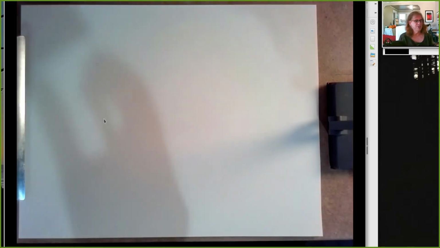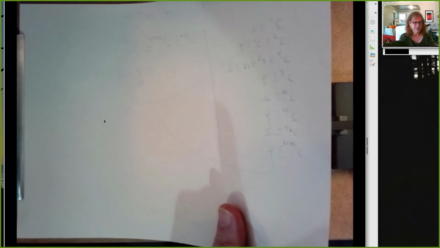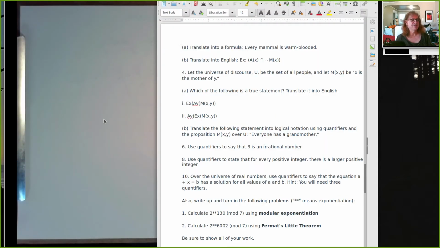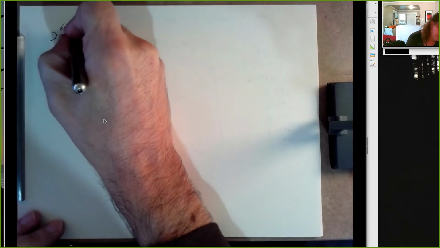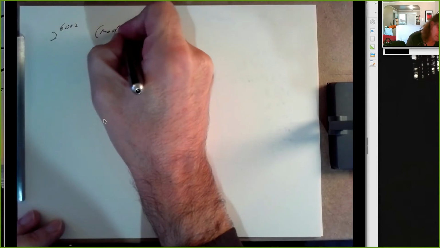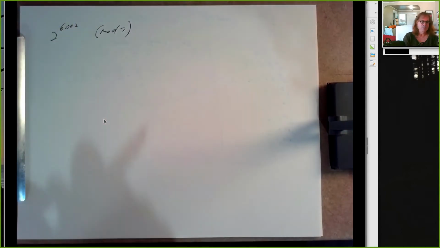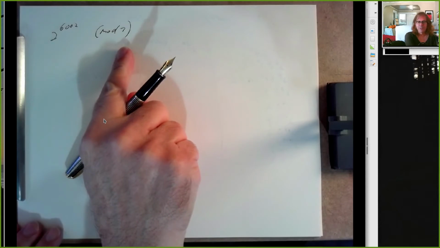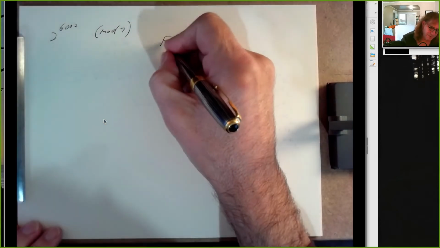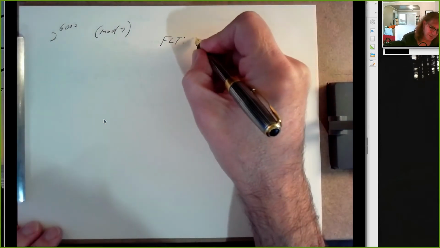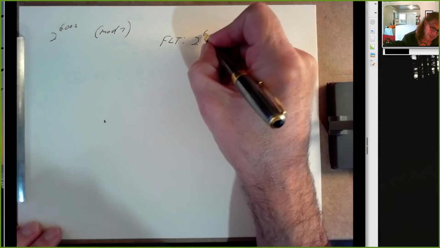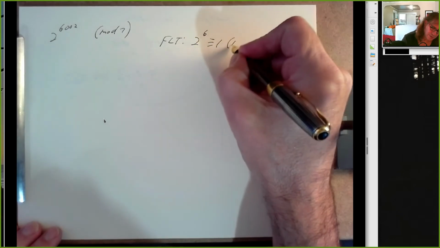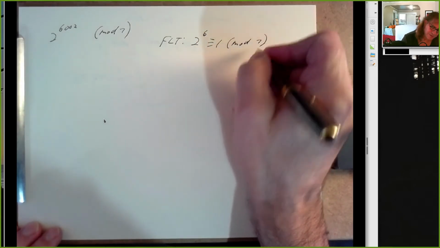Alright, the other trick we looked at for doing large exponents was Fermat's little theorem. So here we did 2 to the 6002 mod 7. And for Fermat's little theorem, we want a prime moduli, and FLT says the following. It says 2 to the 6th is congruent to 1 mod 7.